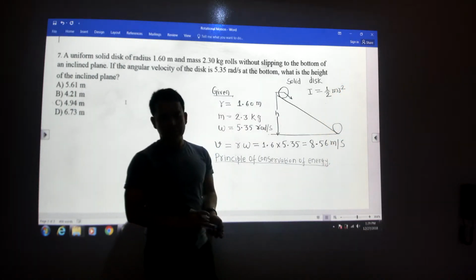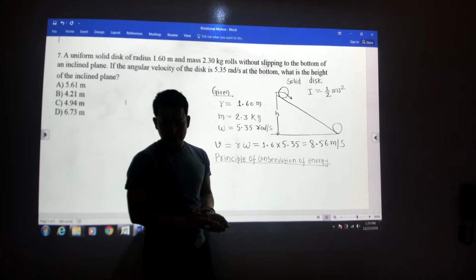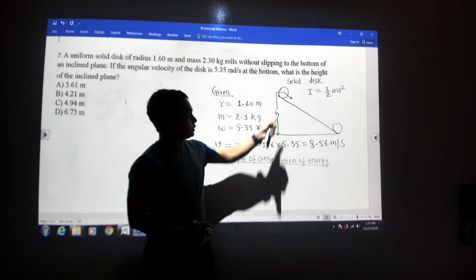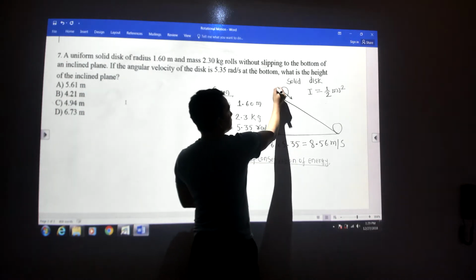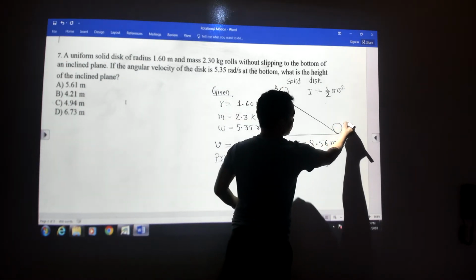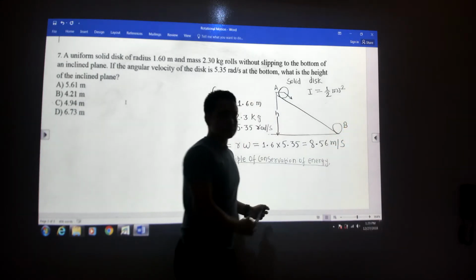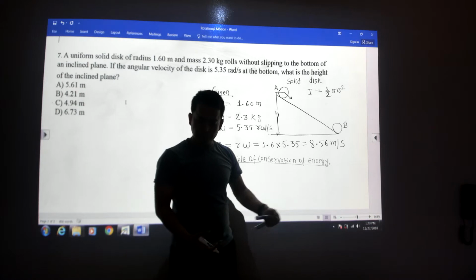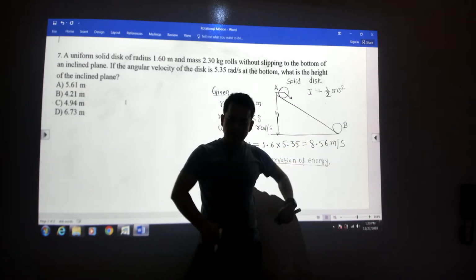Okay, this is the moment of inertia of a disk. So now let's use the principle of conservation of energy. The total energy at point A has to be equal to the total energy at point B, but there is a difference. At point A, you have all the potential energy. At point B, you have the kinetic energy.